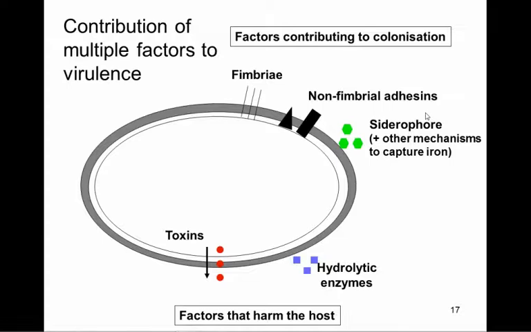They will need to express hydrolytic enzymes in order to invade host tissues and produce toxins to actually directly harm the host. So it's not just one gene that will differentiate a harmless commensal bacterium from a pathogenic bacterium, okay, because you need all these things.